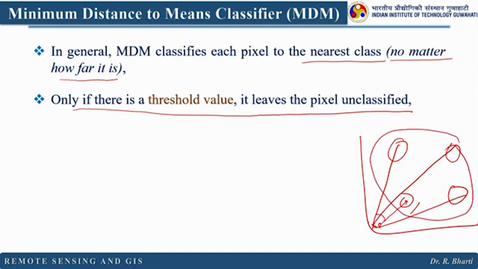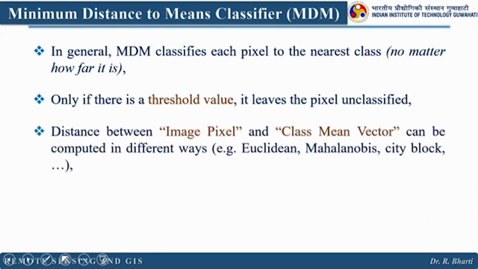So this may be some other class, but because we don't have any threshold value here, it will be classified into this. So to resolve that, you have to use a threshold value so that several pixels are left unclassified.